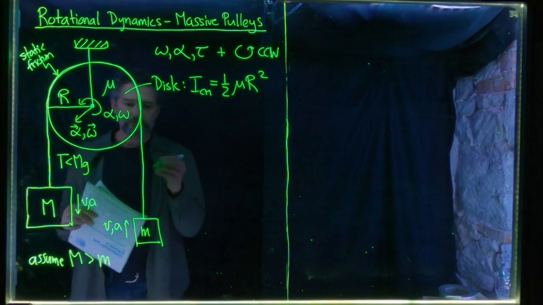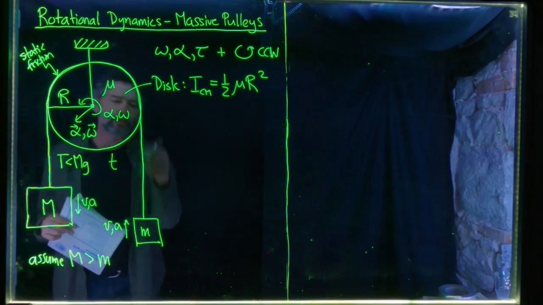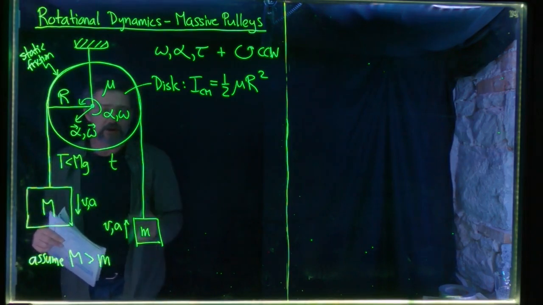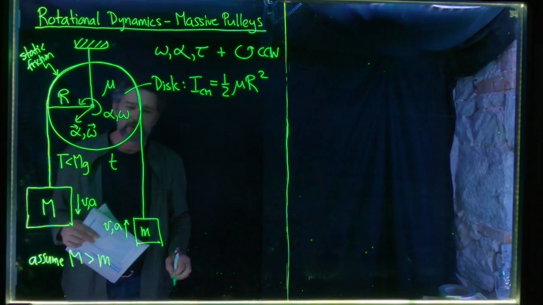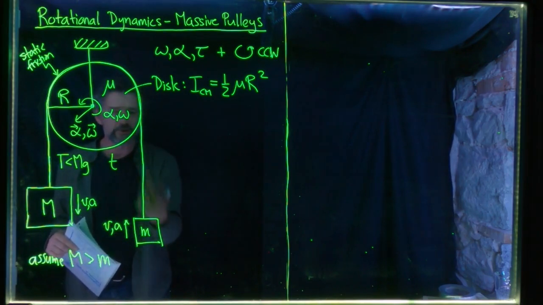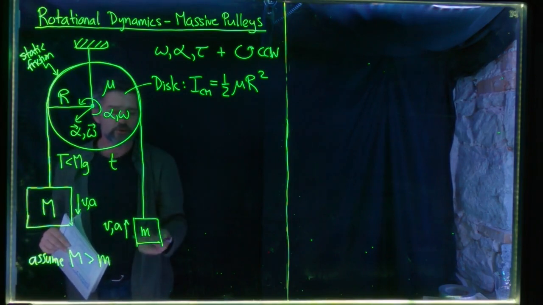Okay? And then we'll assign a tension little t to the rope on the right-hand side, which will not be the same as big T, and it will be less than big T. Also, if little m is accelerating upwards, there must be a net force acting on little m upwards. We have an upwards force of little t, the tension in the rope, and a downward force of gravity, little mg.